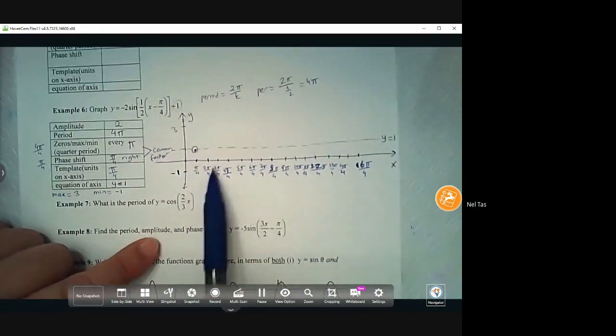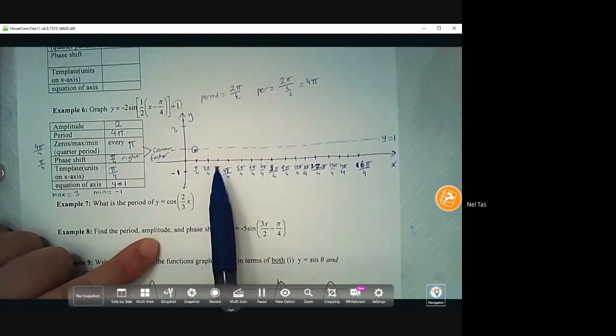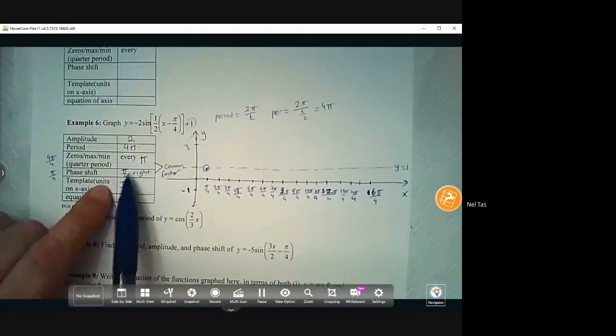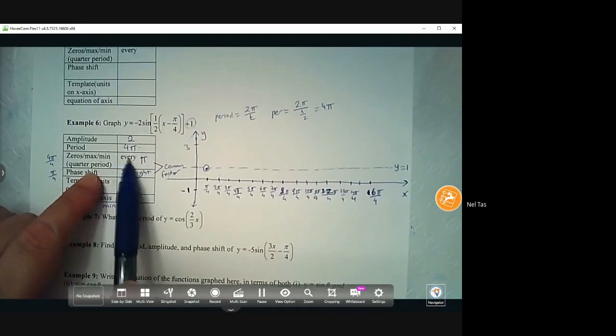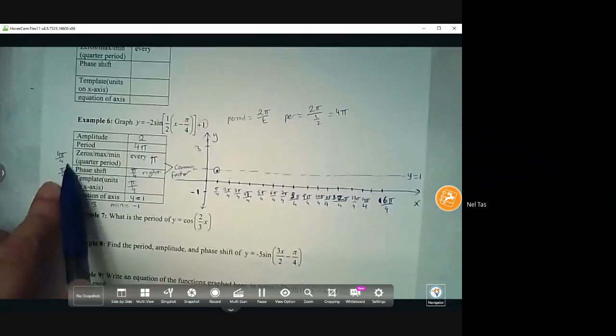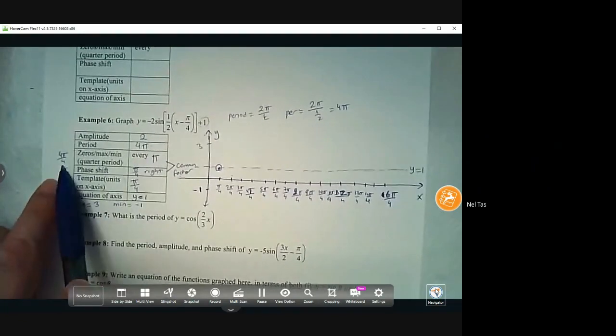So we are going to mark the next point, which is a minimum now. We need to go horizontally a quarter period. The quarter period is pi, but if we write the same pi with the same denominator as the phase shift, the common denominator was 4, so that gives us 4 pi over 4.